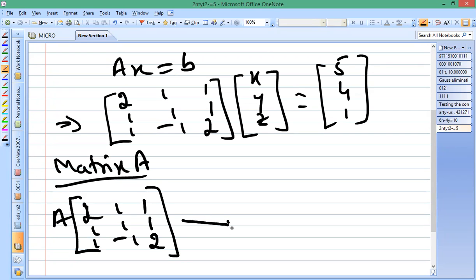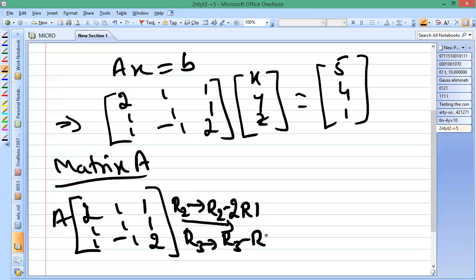For this, first perform the operation. What can we do? R2 minus R1, and also perform R3 minus R1. Ma'am, 2R2 minus R1?